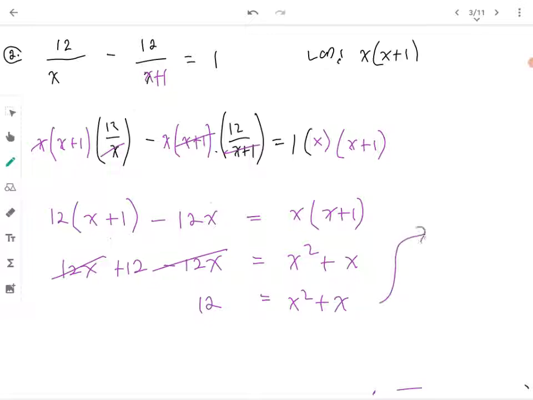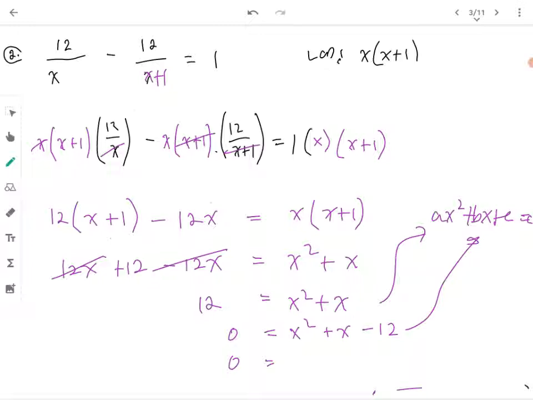Let's rewrite this in ax squared plus bx plus c. We are left with 0 equals x squared plus x minus 12. You can use the quadratic formula, of course, to solve this because this is already a quadratic equation.